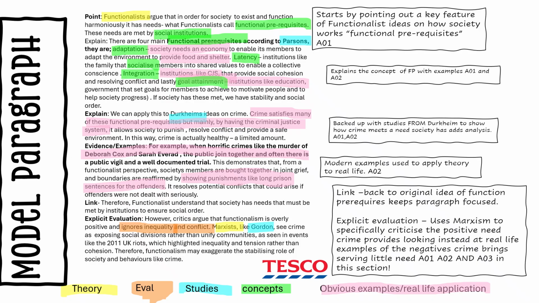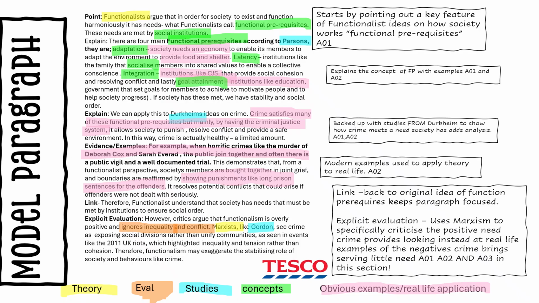So I've explained functional prerequisites and why they're important. Now I've got to back it up by bringing in some examples of how it helps us understand real life society. So I've put, we can apply this to Durkheim's ideas on crime. Crime satisfies many of these functional prerequisites, but mainly by having the criminal justice system, it allows society to punish, resolve conflict, and provide a safe environment.